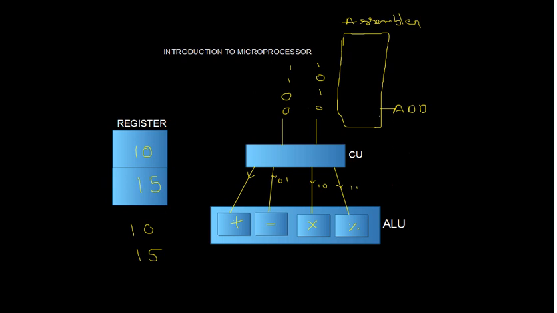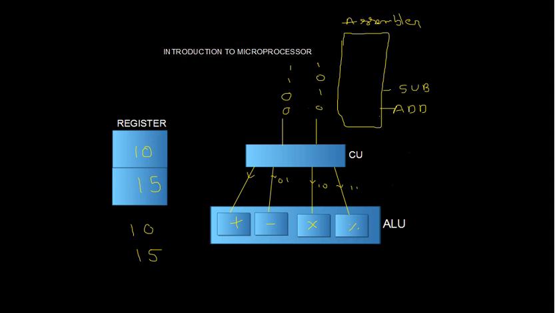If you write sub, then it will go to the assembler. In the assembler, that sub is converted to 01, and this 01 goes to the control unit, and from the control unit the high signal will go to the subtractor circuit. Then subtraction is done on these two operands.